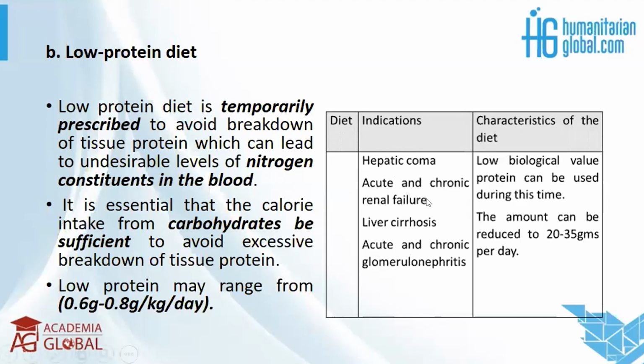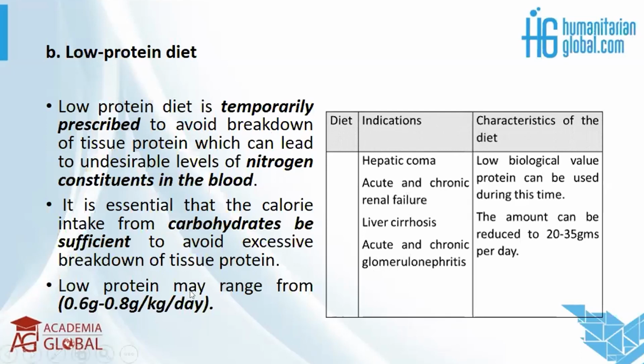So if you have a problem with the liver, these conditions here: hepatic coma, this means liver coma; acute and chronic renal failure, this is a disease of the kidney; liver cirrhosis is a disease of the liver; acute and chronic glomerulonephritis, this is a kidney disease. So those diseases of the liver and the kidney may necessitate a low protein diet.